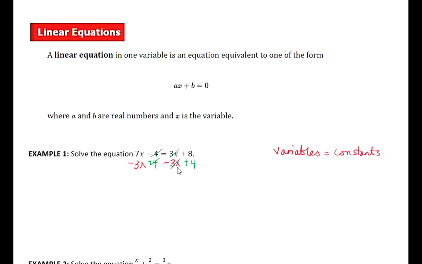See, 3x minus 3x is 0, and negative 4 plus 4 is 0. So on the left side I got 4x, and on the right side I got 12. The final step, I want to isolate x, so I divide both sides by 4. These 4's will cancel, and I got x equals 3. So that's the final answer.